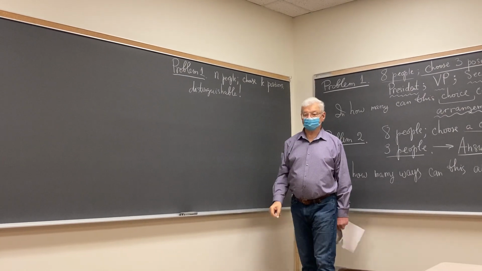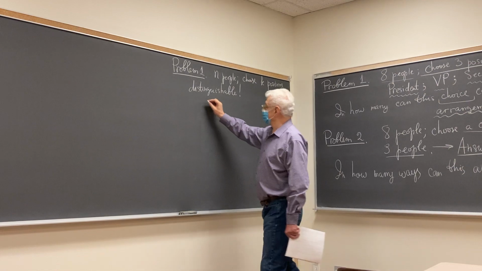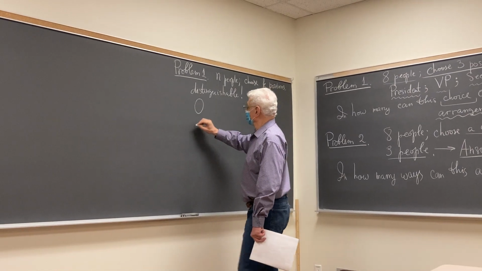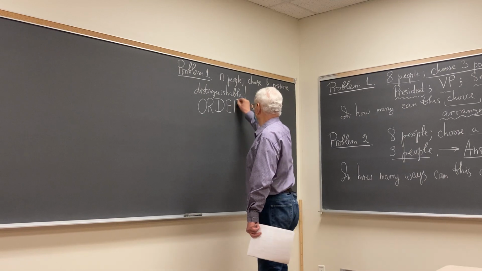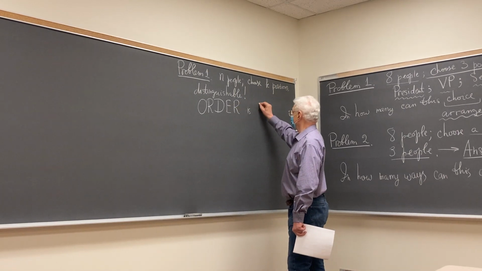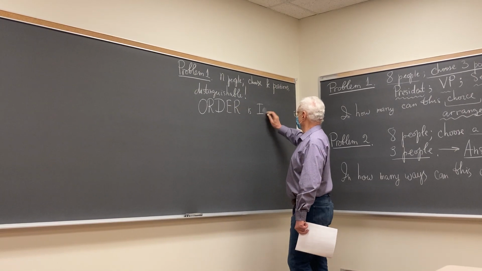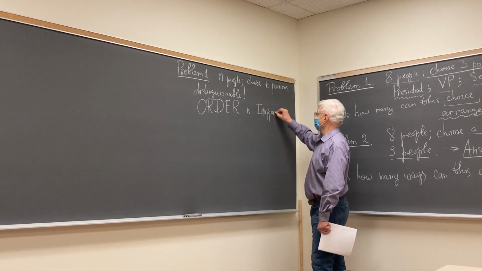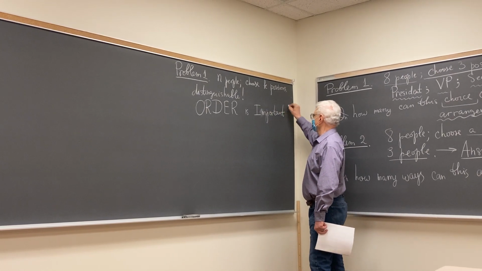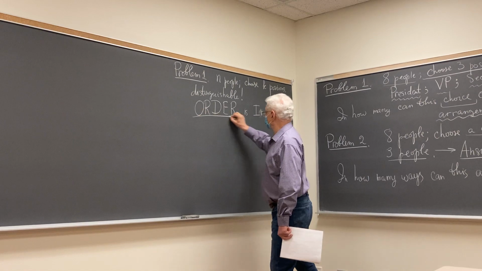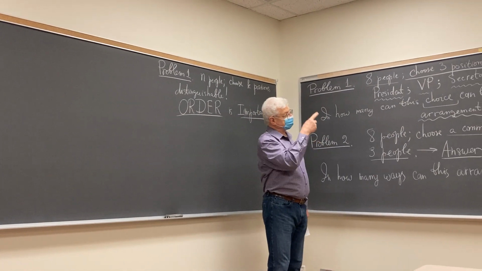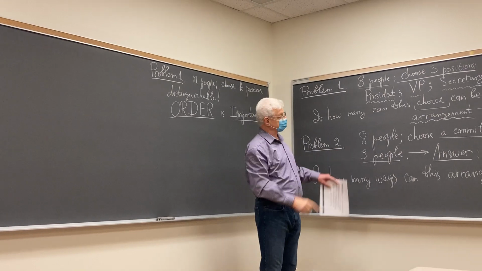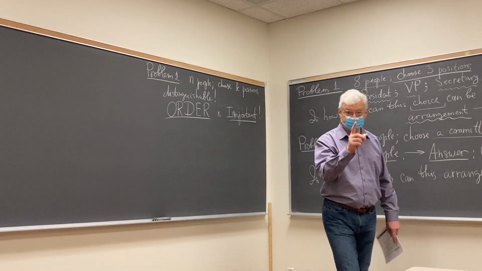Distinguishable. What does it mean? It means that order is important. Okay, the order is important. We know that first is president, vice president, secretary, or we know the other way around, but we know that beforehand.